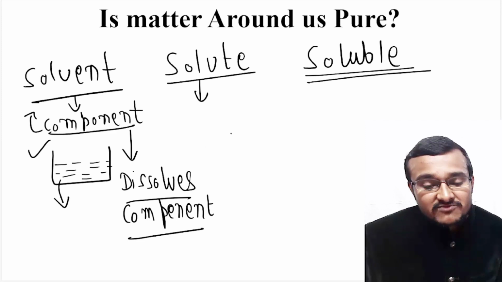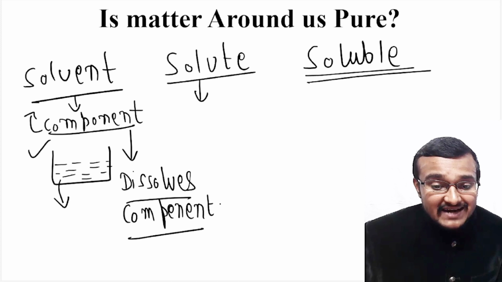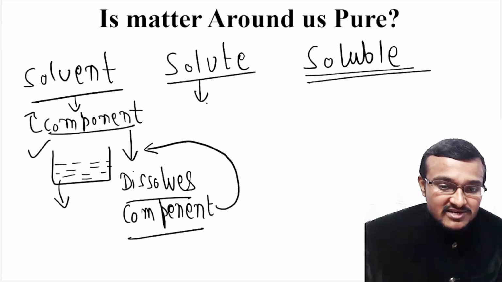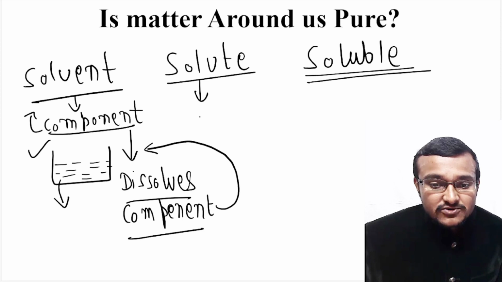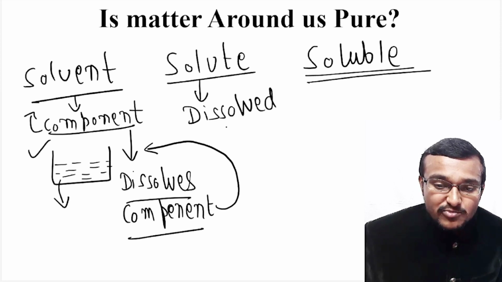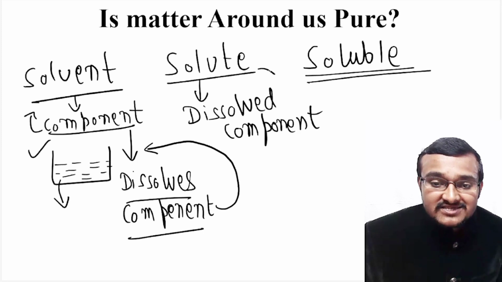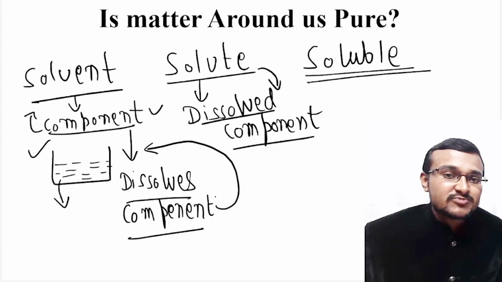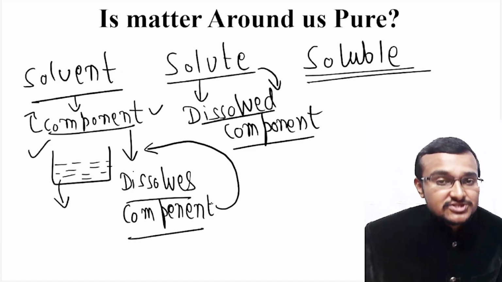So the dissolved component, or the component which gets dissolved in another component, will be known as solute, and the component responsible for dissolving it will be known as solvent.